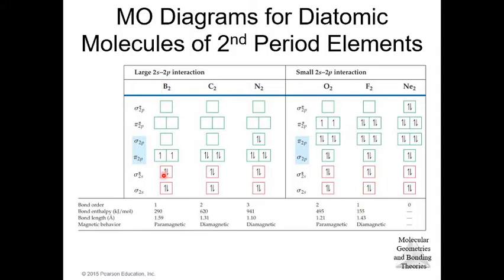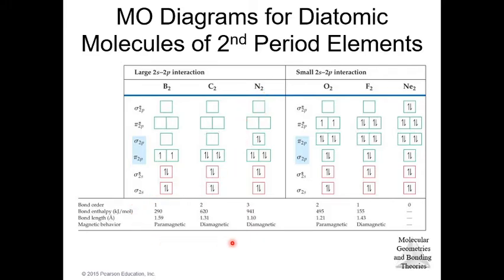For boron, I've got 6 electrons, so I'm going to fill them in like so. I'm still following Hund's rule, 1 electron per box before I can fill them up. All right. And we fill in our molecular orbitals as we go from B2 to C2 to N2.